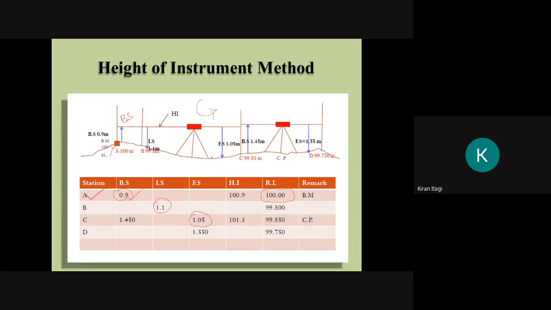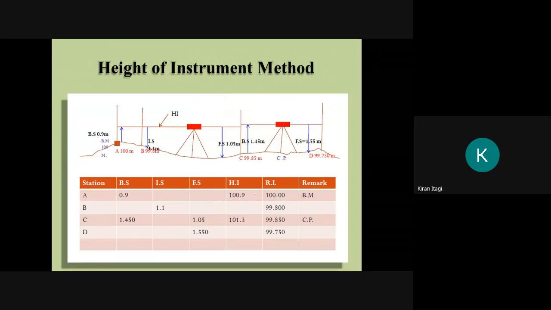After the fourth side, we will shift the instrument, and the person holding the staff at the fourth side will not move; he will stand there only. Then we will take the backside and enter it here. If there is any intermediate side, we will enter it; if not, we will directly enter the fourth side.